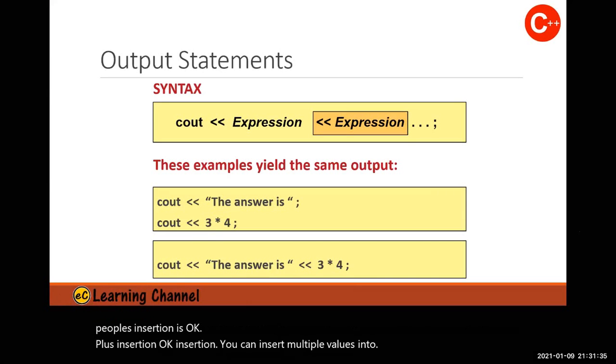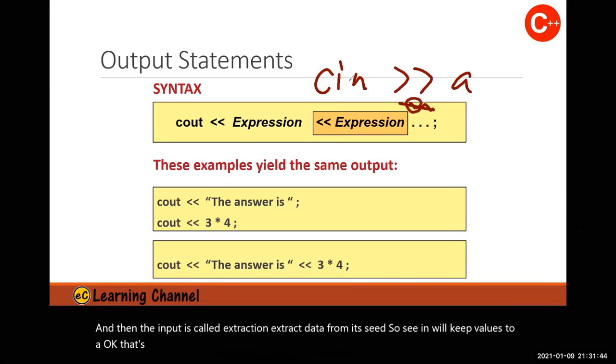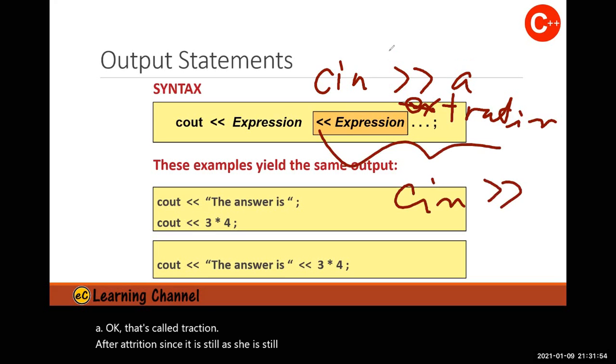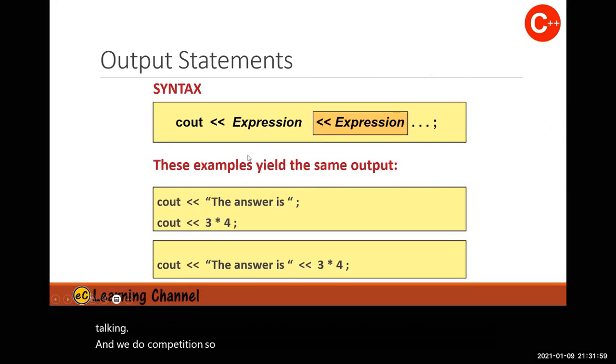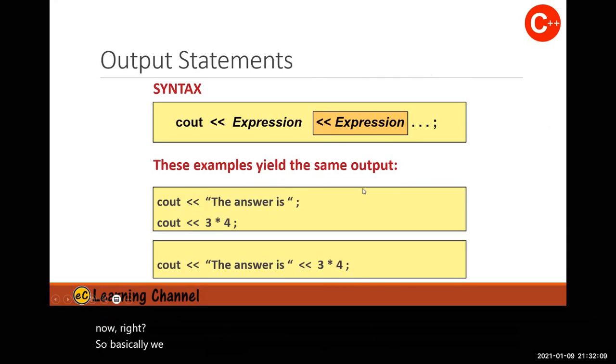And then the input is called extraction. Extract data from cin. So cin will give values to A. That's called extraction. After the extraction, it is still a cin, so it can still be extracted to different variables. And we do competition, so cin and cout is what we need. Don't make it too complicated, because we just need command line input and output now.